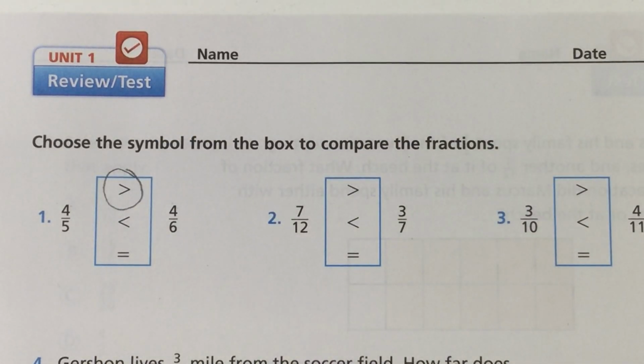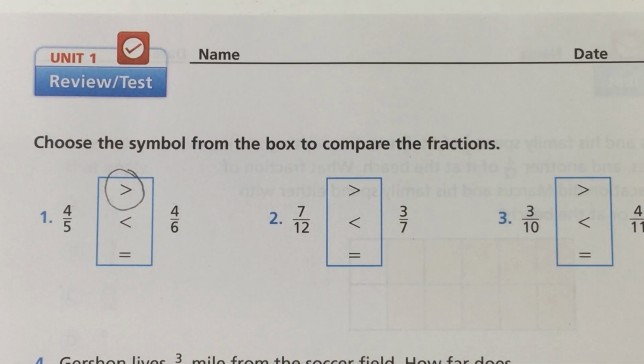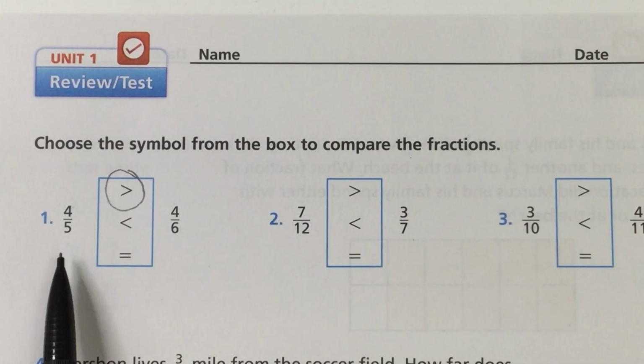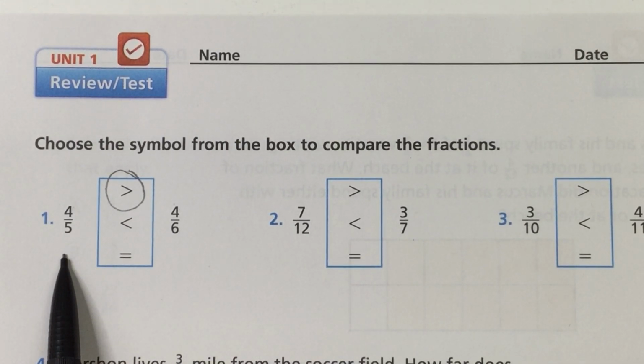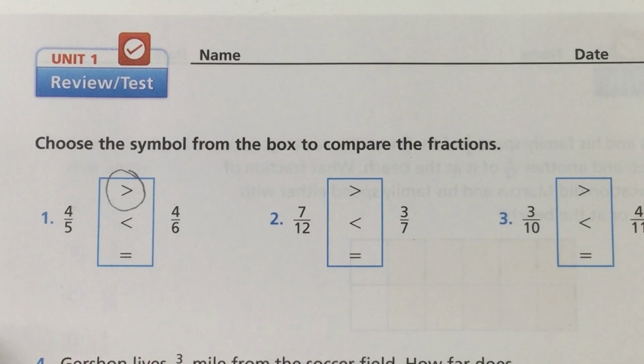And that makes sense in practical ways. If you think about it, I have a pizza and it's divided into 6 slices. I get to eat 4 of them. Same size pizza is divided into 5 slices. I get to eat 4 of them. Those are going to be slightly bigger slices. So 4/5 will be larger than 4/6.